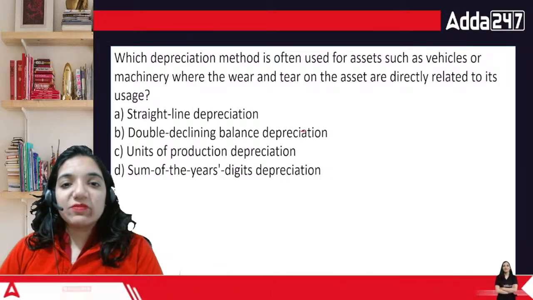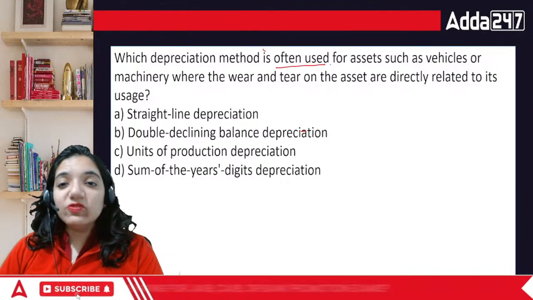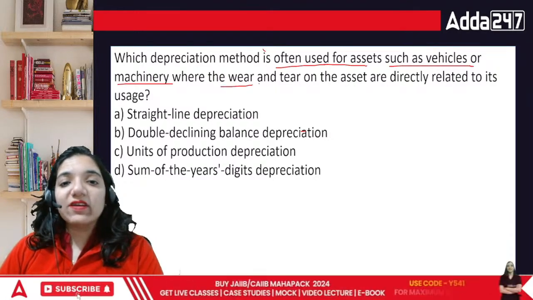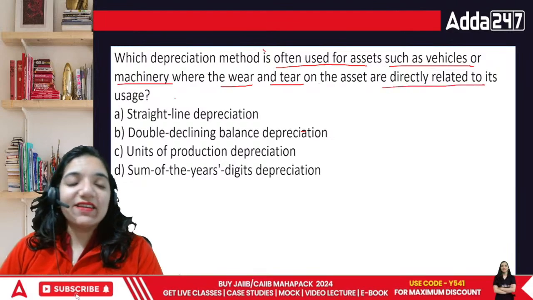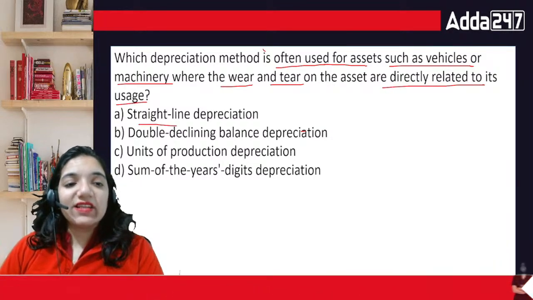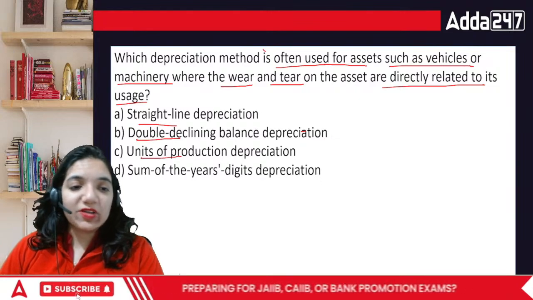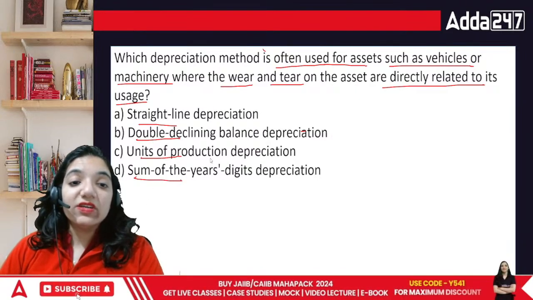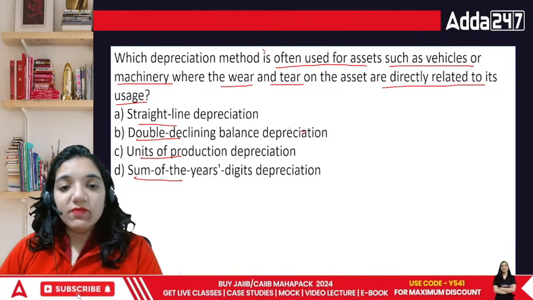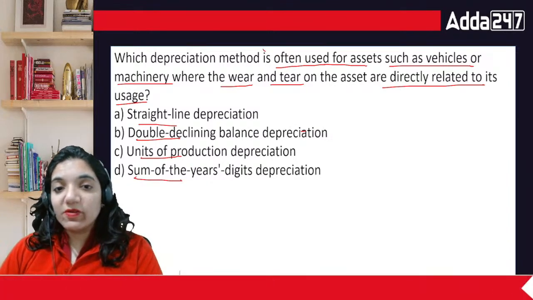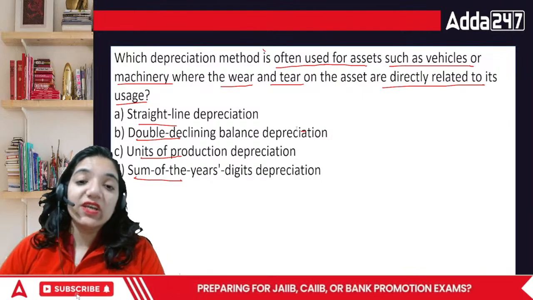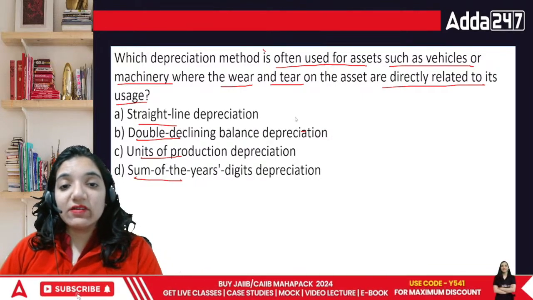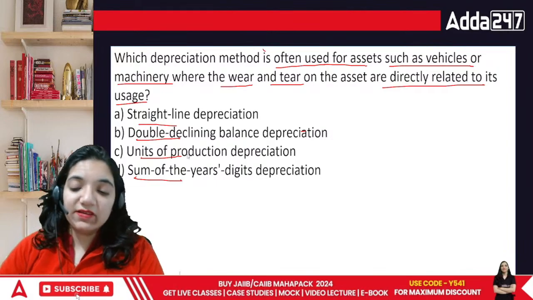Which depreciation method is often used for assets such as vehicles or machinery where wear and tear of the assets are directly related to the usage? SLM, double declining, units of production, or sum of year digit method? Everyone, this question relates to the usage. In the previous question, it talked about the same amount being charged as a depreciation every single year unfailingly.